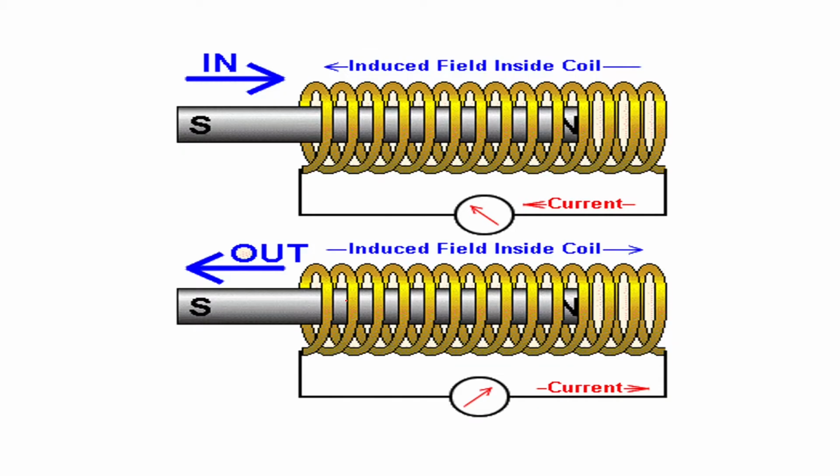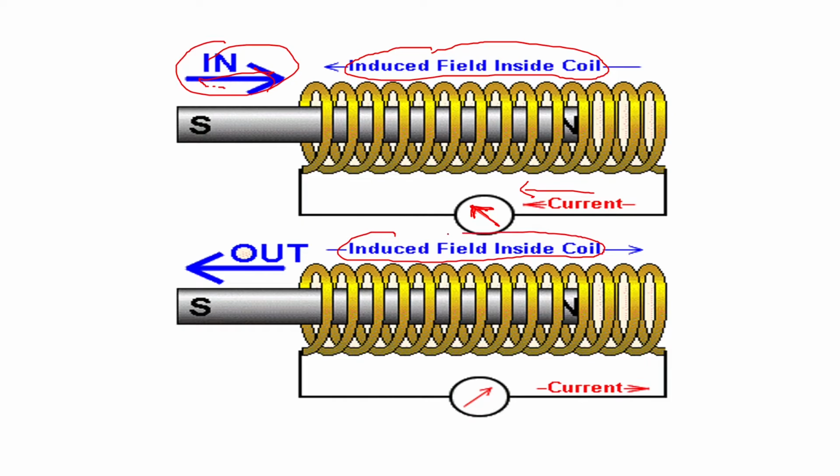Here you can see one more diagram we have shown. Here is the coil, and this is the induced field inside the coil. Now in the first diagram we are showing that the plunger is going inside and the current is directed like this, so there is no current as shown in this meter. So the current is very low and the plunger is inside. Similarly, in the second figure you can see the induced field coil.